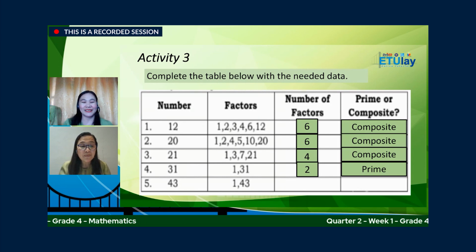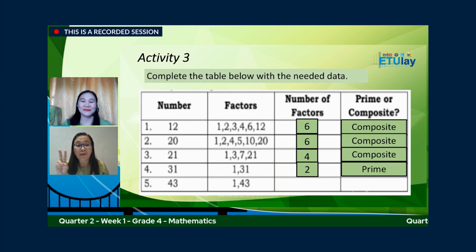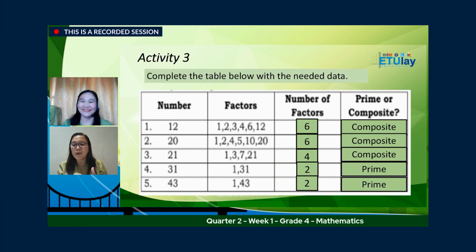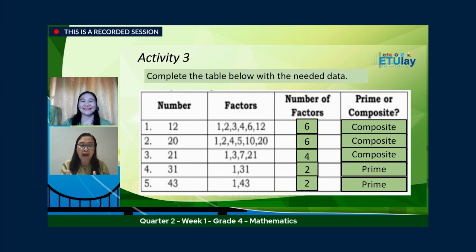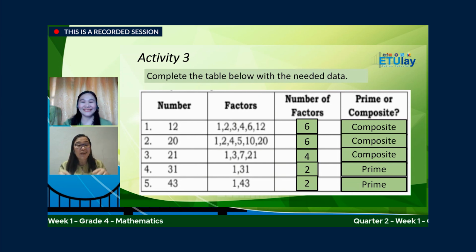Number 5, our number is 43. So the factors are only 1 and 43. Since we have only 2 factors, it is considered as a prime number. You are correct, learners.